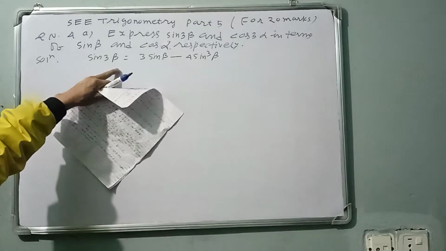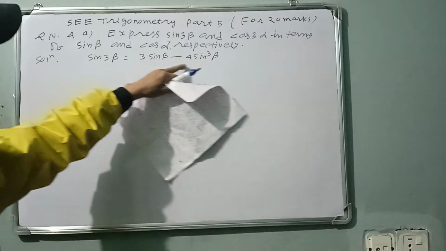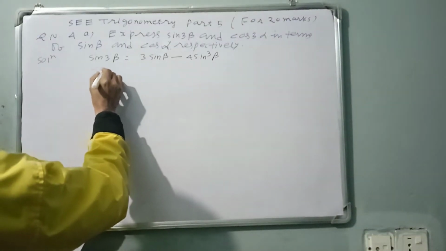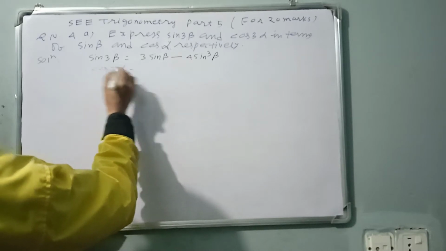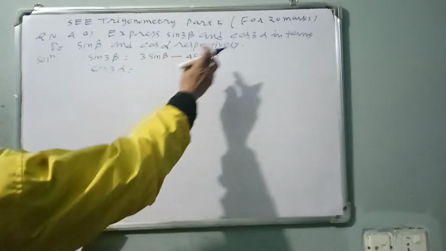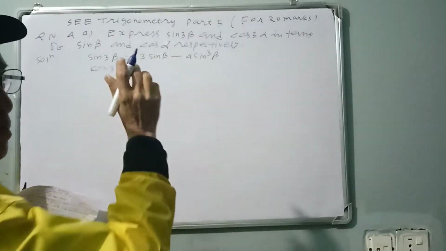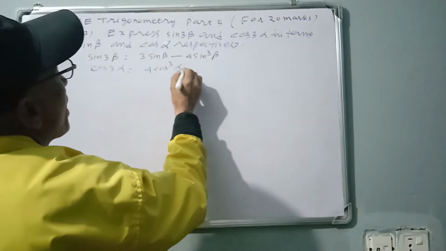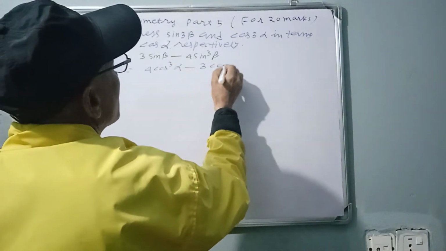Another, cos thrice alpha in terms of cos alpha: 4 cos cube alpha minus 3 cos alpha.